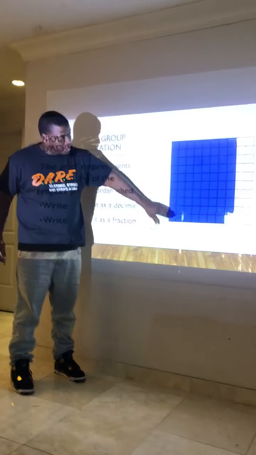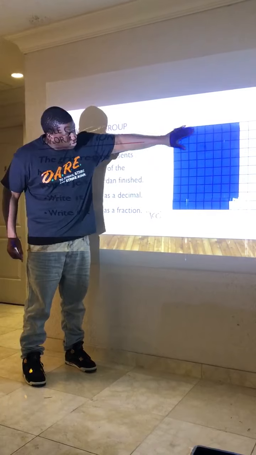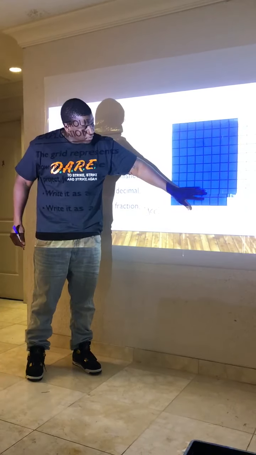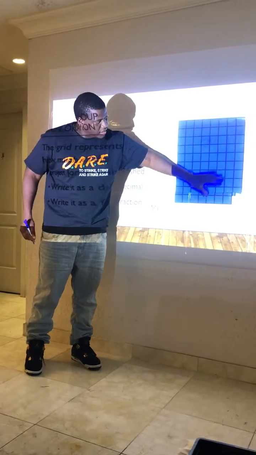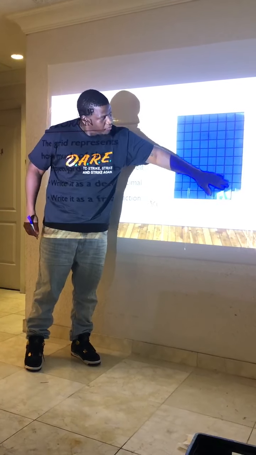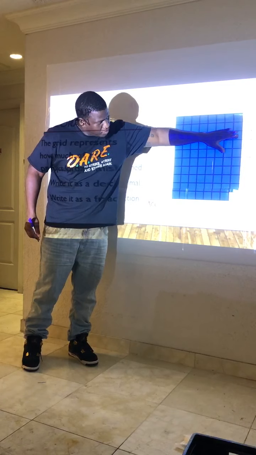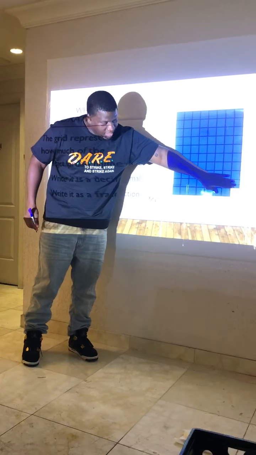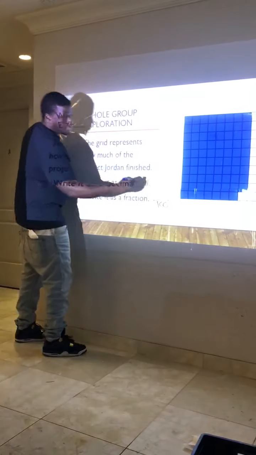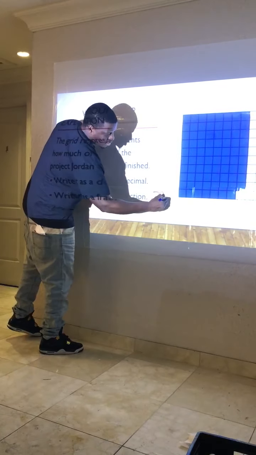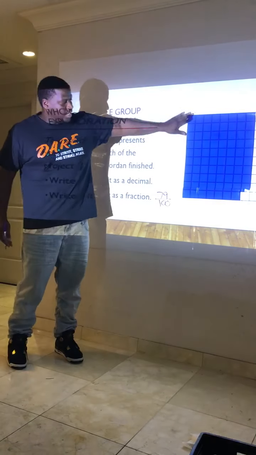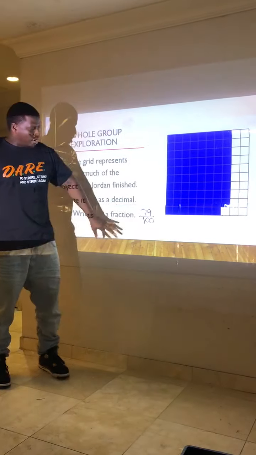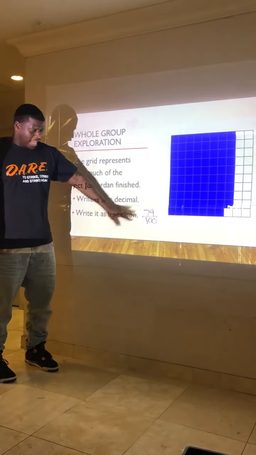This row will give me 10, 20, 30, 40, 50, 60, 70, and this is 71, 72, 73, 74, 75, 76, 77, 78, and 79. So that's going to give me 79 hundredths. And the reason that I didn't count one by one is because I should know that a full row is equivalent to 10. So now I have 79 hundredths as my fraction.